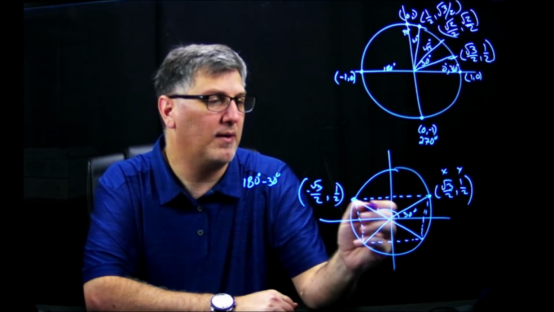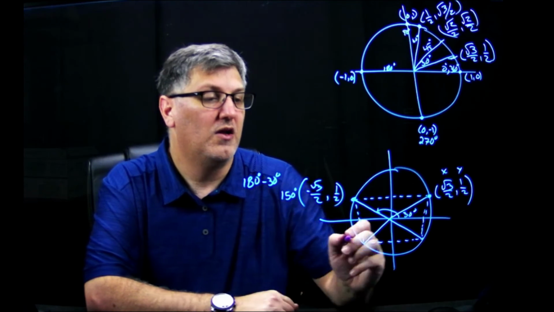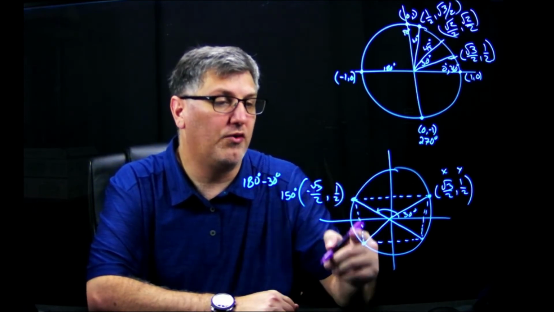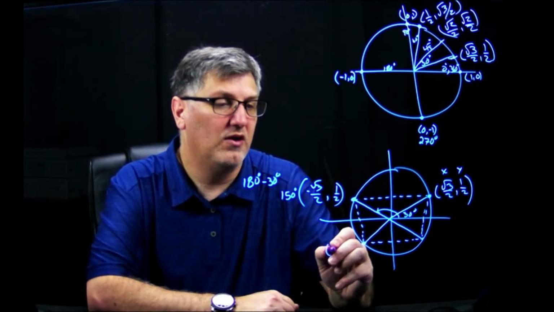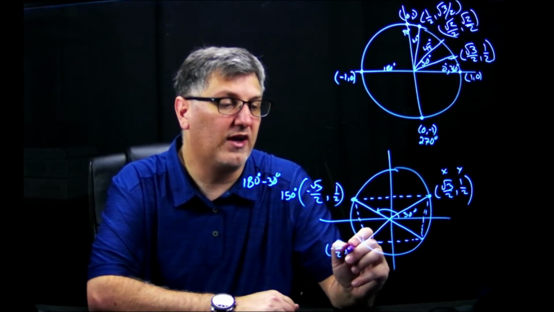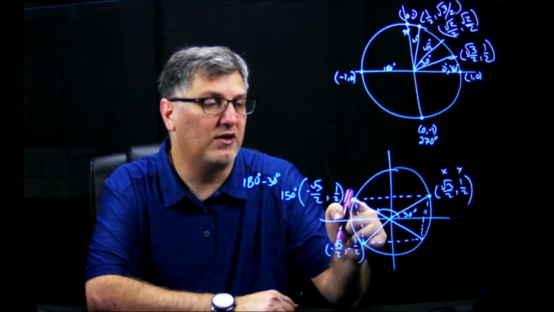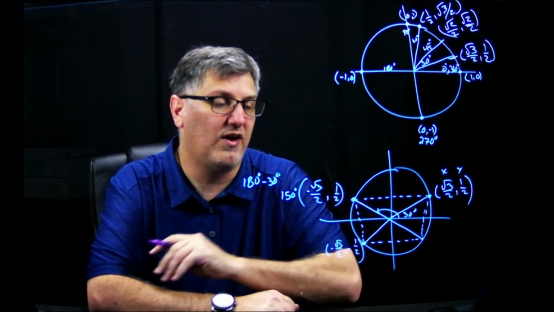So that makes this 150 degrees. Now at this point, we know that my x value stayed the same, negative square root of 3 over 2, but now my y value is actually negative. So it's coming down, it's negative because this is half a distance, this is a negative half.